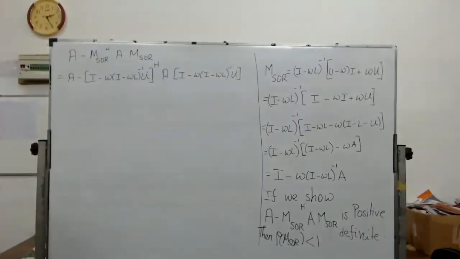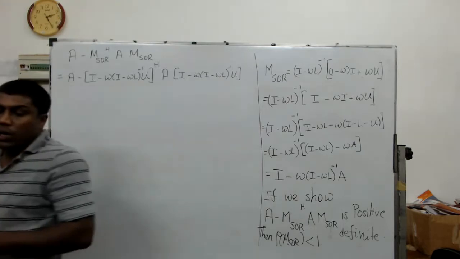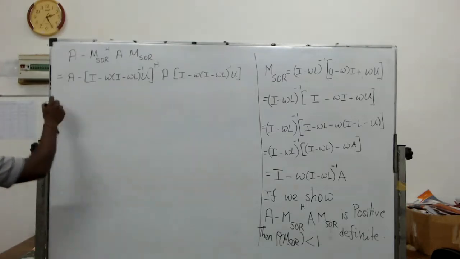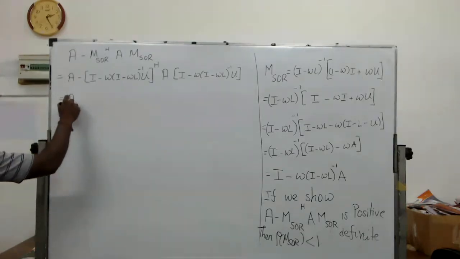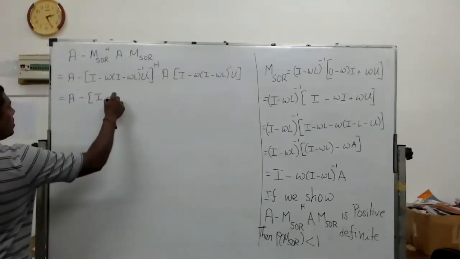Okay, so you substitute for M_SOR here. Because you already have a simplified form for M_SOR, you use that and substitute it there. So this is A minus (I minus omega U) Hermitian, (I minus omega L) inverse Hermitian, times A times this (I minus omega U) times (I minus omega L) inverse.